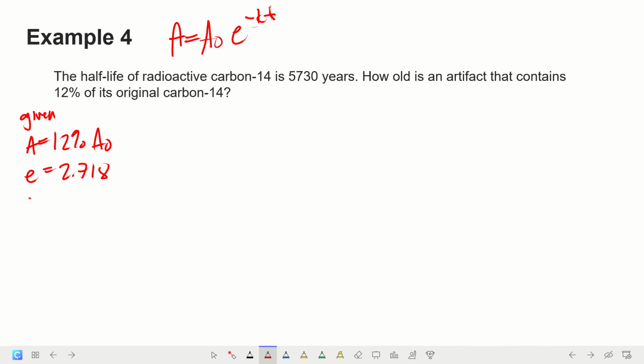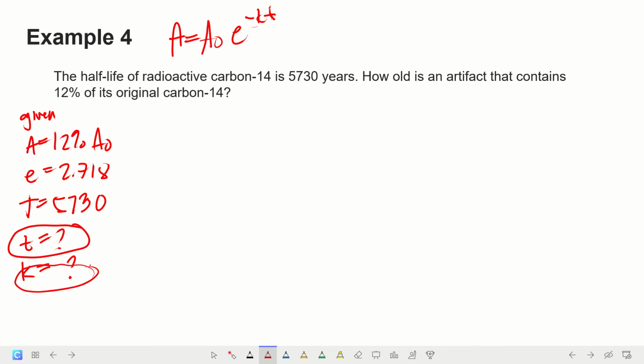And then, yung half-life, 5,730. So, we don't know the time, and we don't know the relative growth rate factor. In order for us to solve for the time, we need to solve for the relative growth rate factor, and to solve for it, we use this half-life as the value of our time.